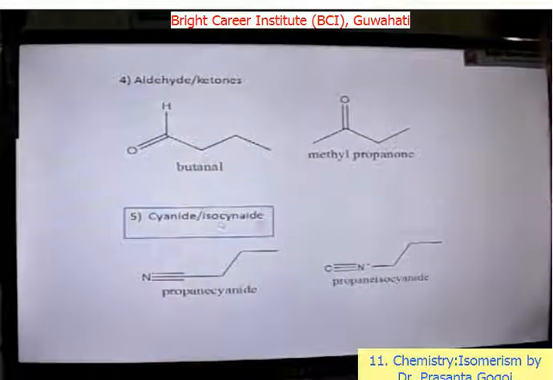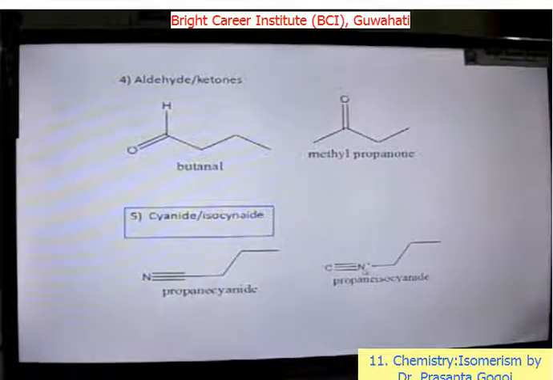Cyanide and isocyanide: in the case of cyanide, the carbon is directly attached to the parent carbon chain, and in the case of isocyanide, the nitrogen is directly attached to the parent carbon chain, and both have the same molecular formula, so they are considered functional isomers.